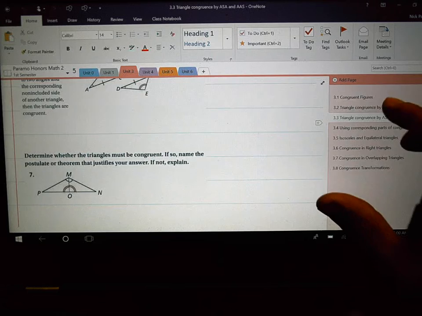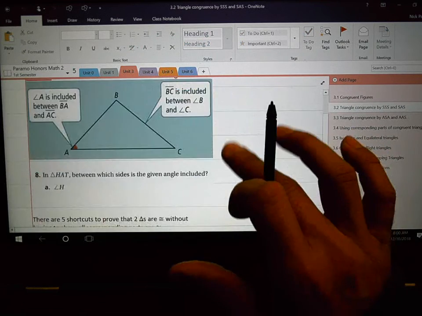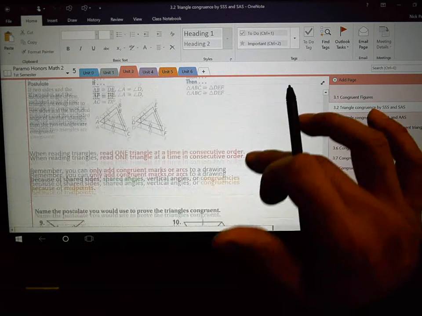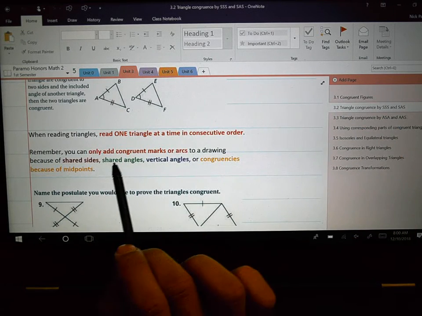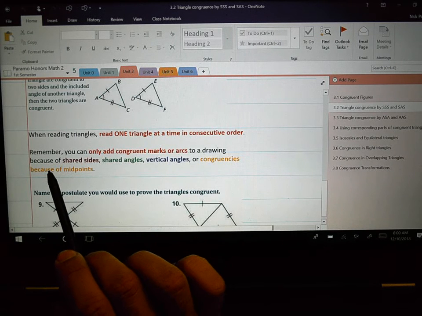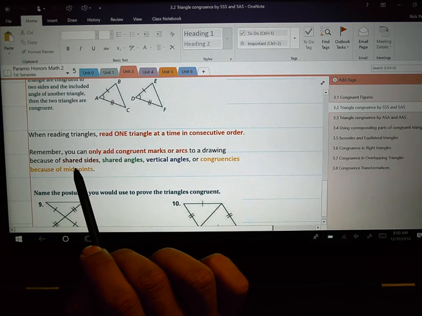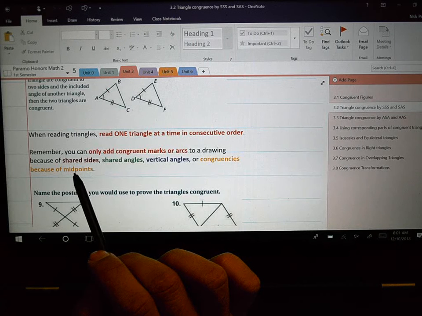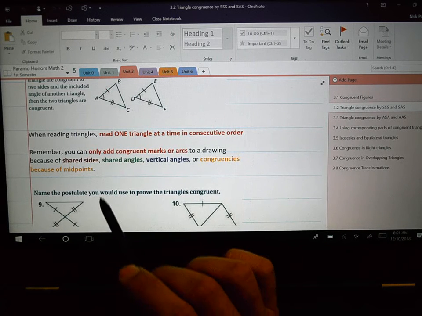During these lessons, I tried to remind you that you could not add any congruent marks or arcs to a drawing unless there was a shared side. If there was a shared side, you knew by the reflexive property that you could add a congruency mark.